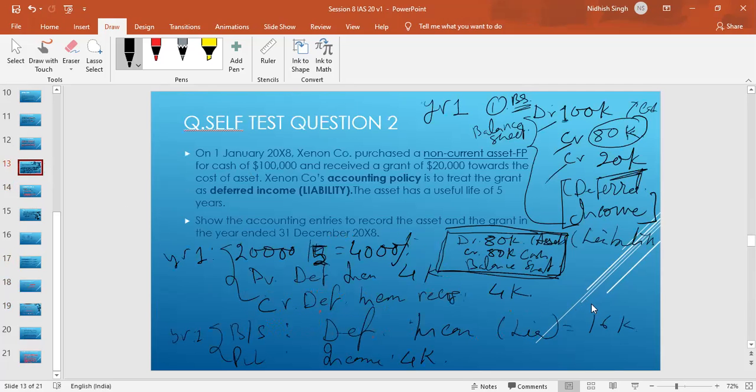So this 75,000 and 40,000 of income that we have shown is on the basis that you recognize the deferred income, right? If you recognize the deferred income that the government has given you, the grant of 60K, then this method is applicable, okay? Because then we have a second method also to apply.